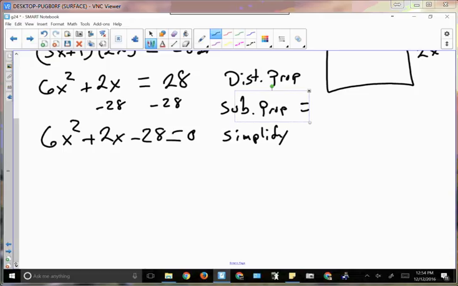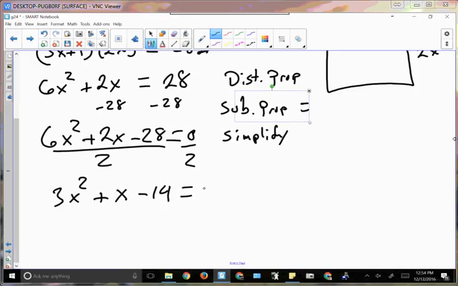If you guys remember playing with these things last year, okay, well, I'll go through it with you. There's a 2 that's in common, so I can factor out a 2. So if I factor out a 2, divide this side by 2, divide that side by 2, I end up with 3x squared plus x minus 14 is equal to 0.